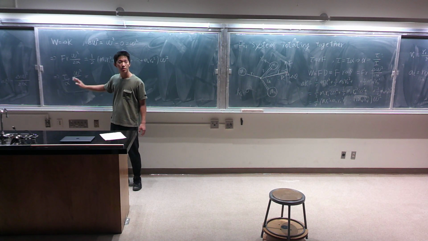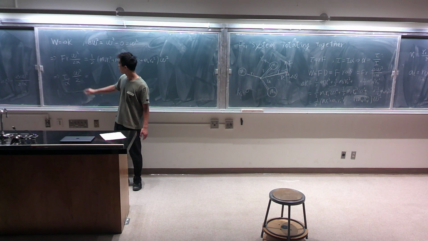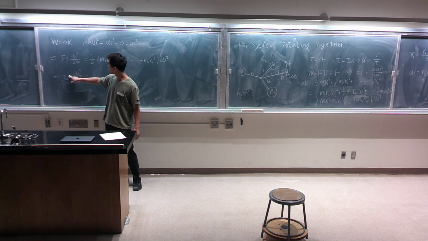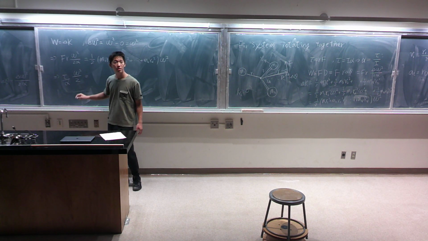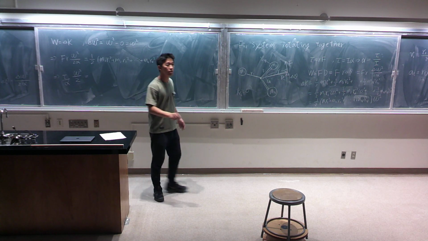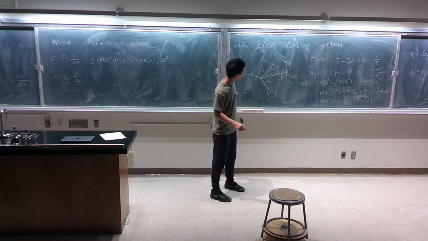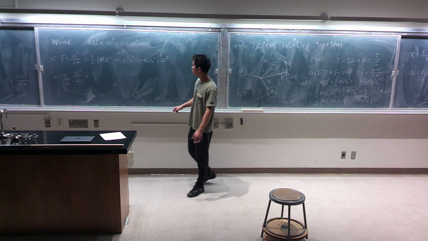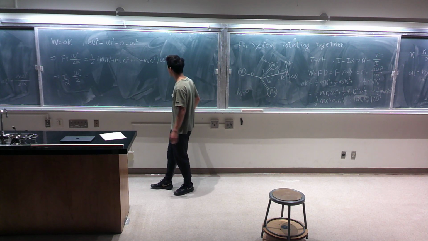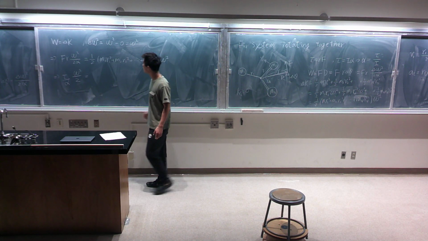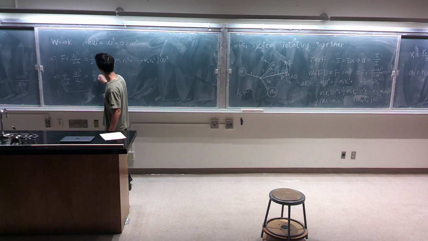F times R is torque, alpha is alpha, omega squared divided by 2. And the rest is just the same thing.